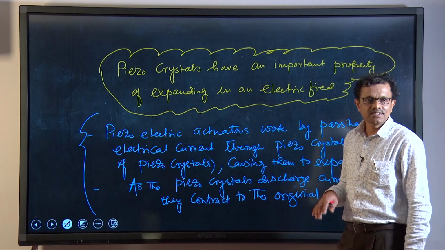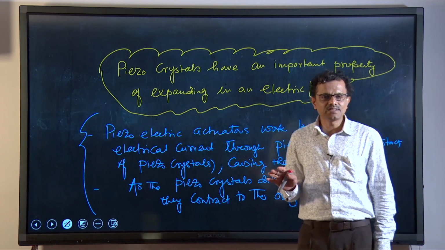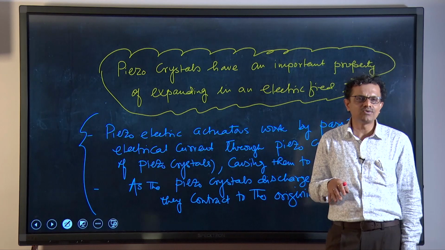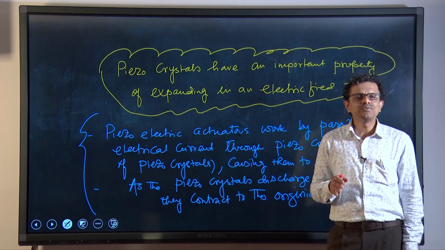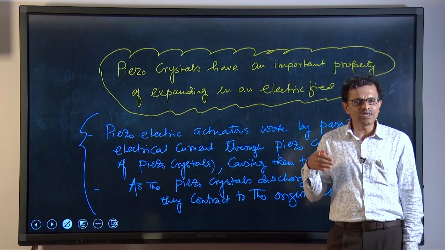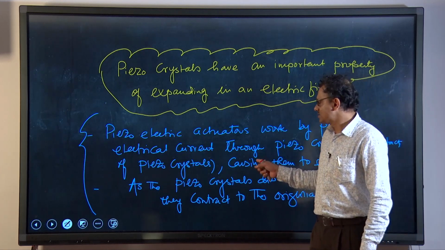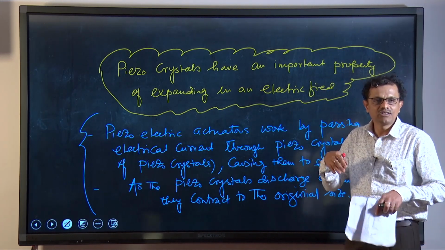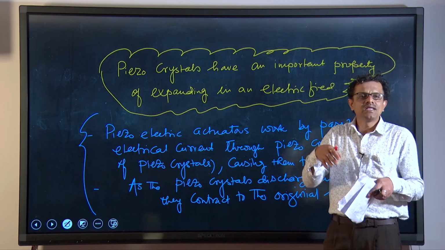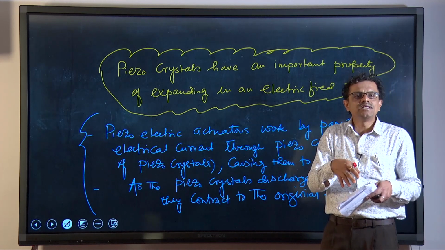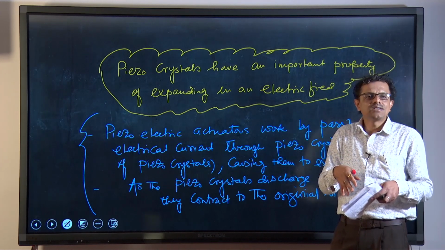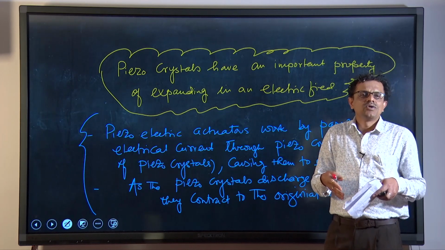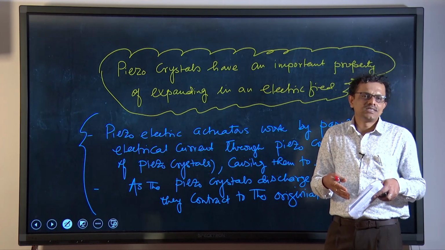From the schematic depiction that we discussed in the previous class, a few piezo crystals are stacked together vertically to form this type of actuator. If we now allow electric current to pass through these crystals, they will expand, causing some linear movement of the entire stack, and when the crystals discharge current, all these crystals will return to their original size.